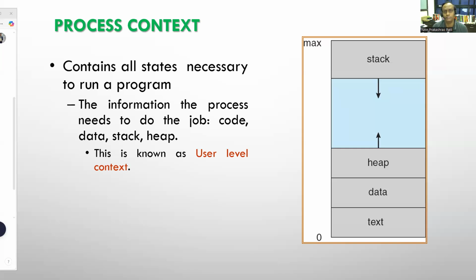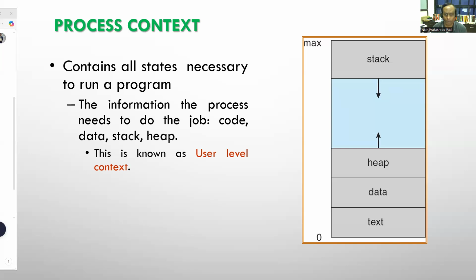Now, if we see this particular image on the screen, one can find that apart from the data and the text, there is something called a stack and heap. The stack segment is used to store information about all function calls and all local variables, while the heap stores dynamically allocated memory.